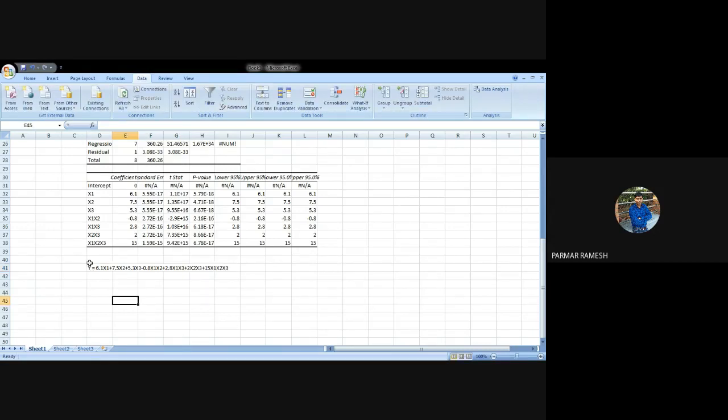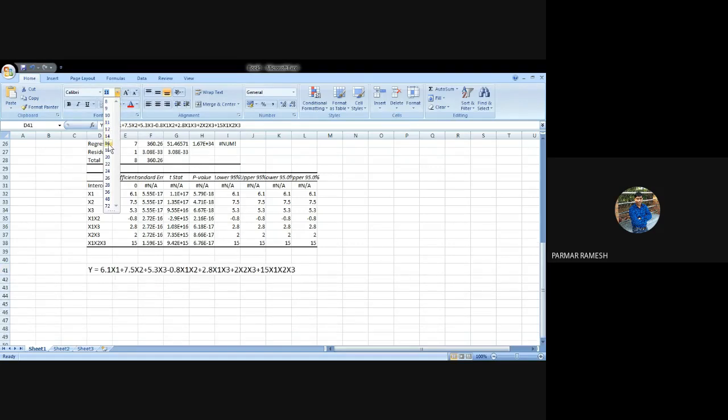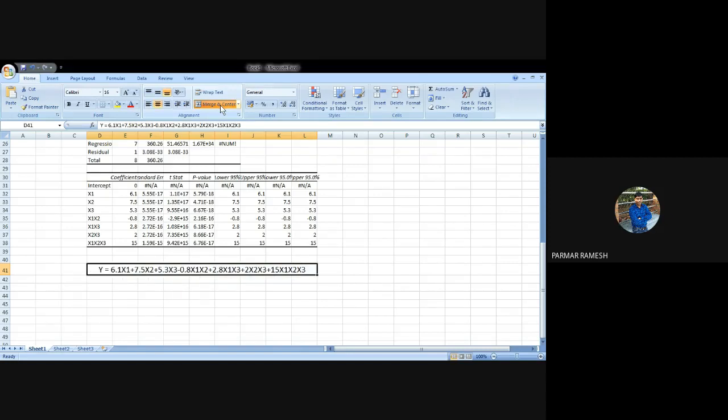This is the mathematical model which shows the relationship between our independent and dependent variables.